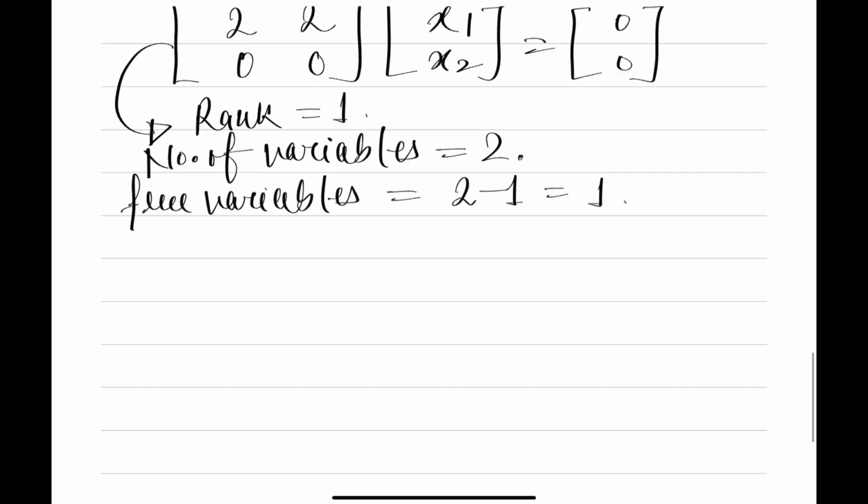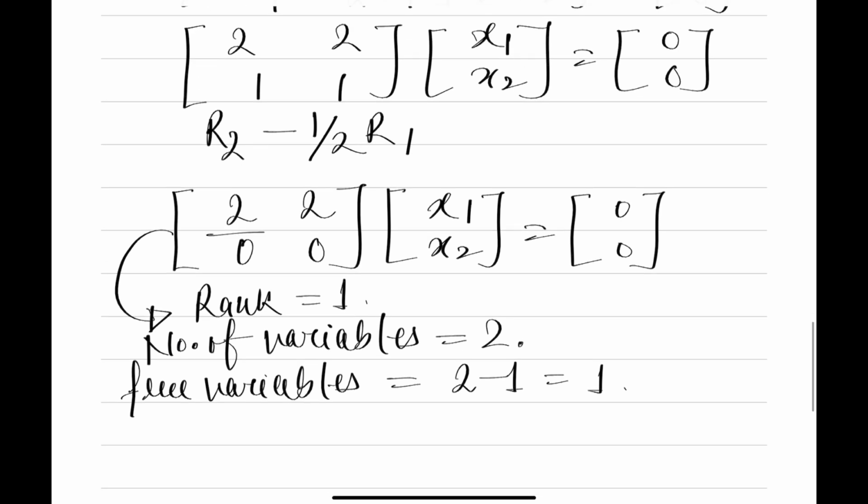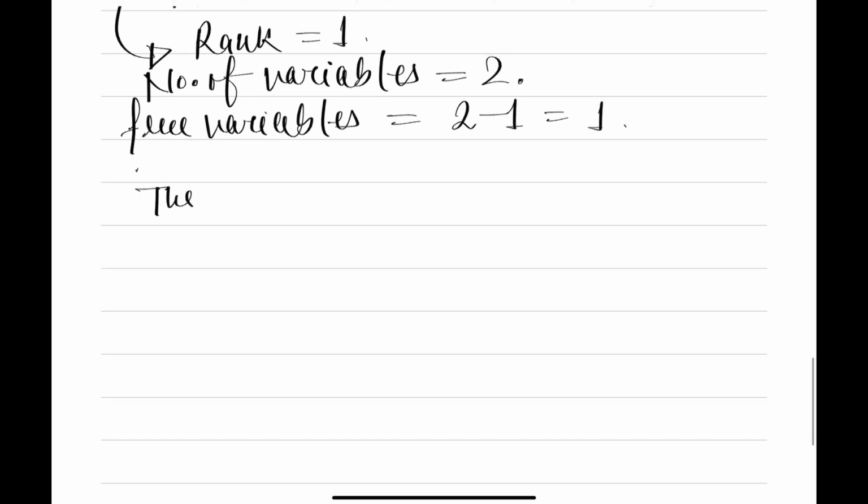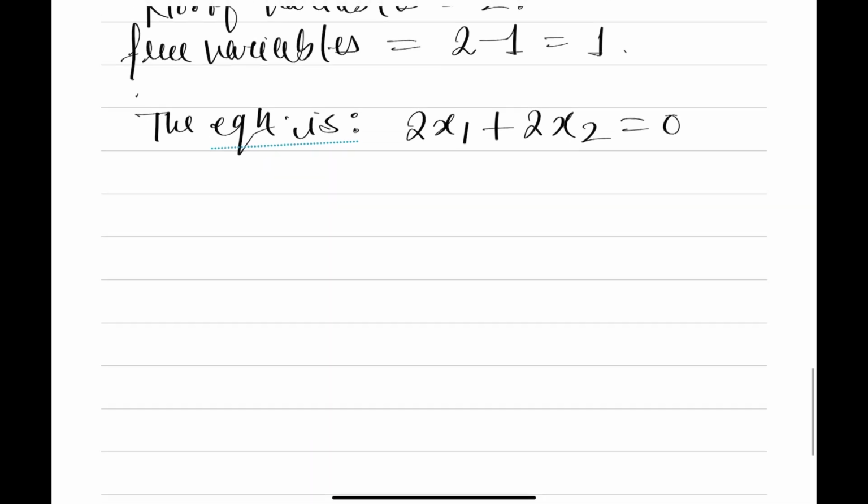So our equation is 2x1 plus 2x2 is equal to 0.